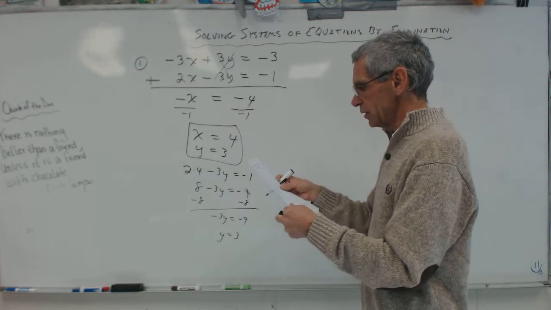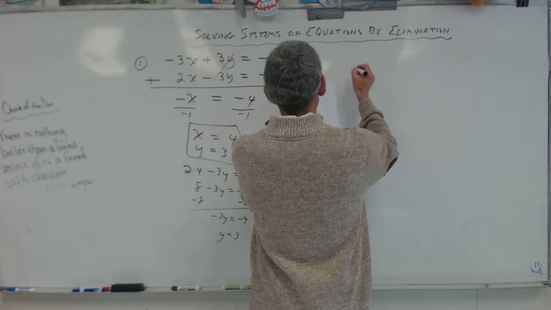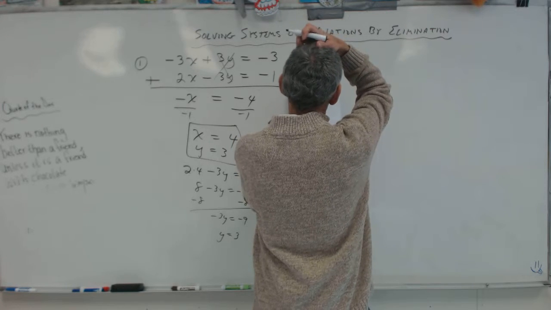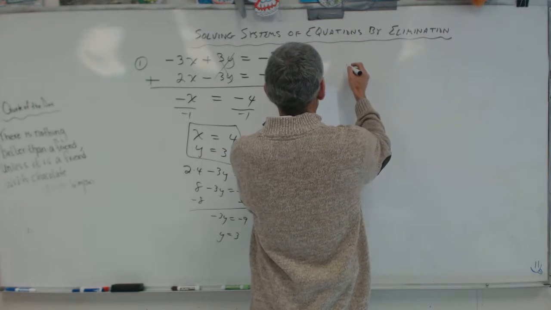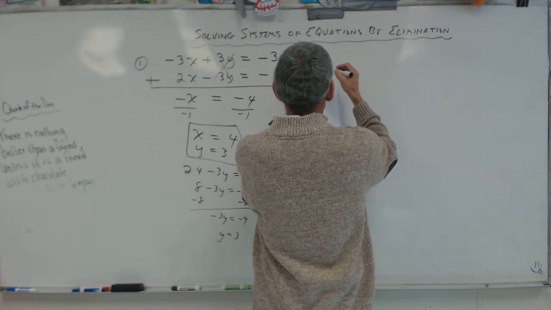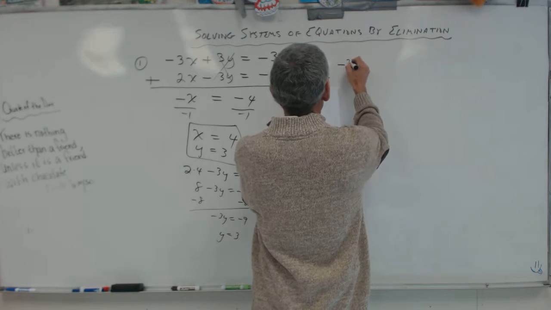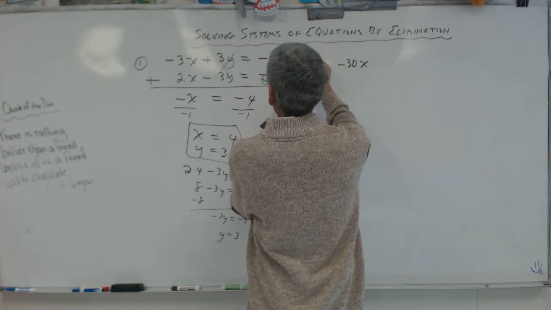And if I gave you, let's say I gave you this one. Let me think. Sure, why not? We'll make it look hard. So that's -5. Multiply that by 6. Okay, minus 30x. This is number 2.